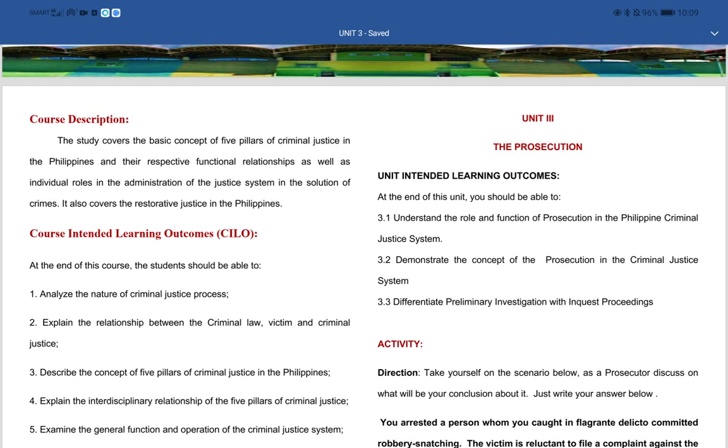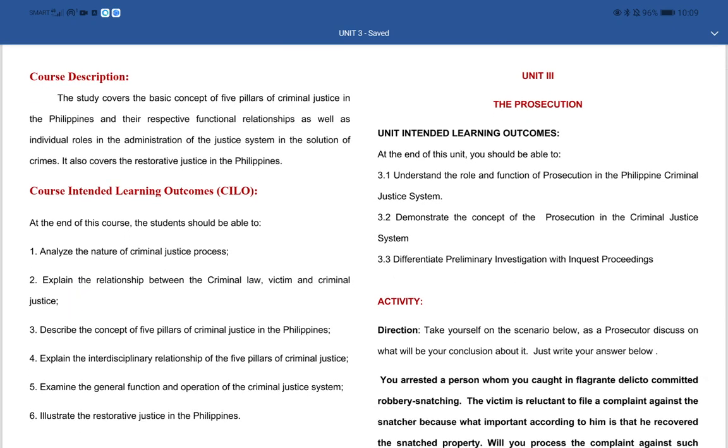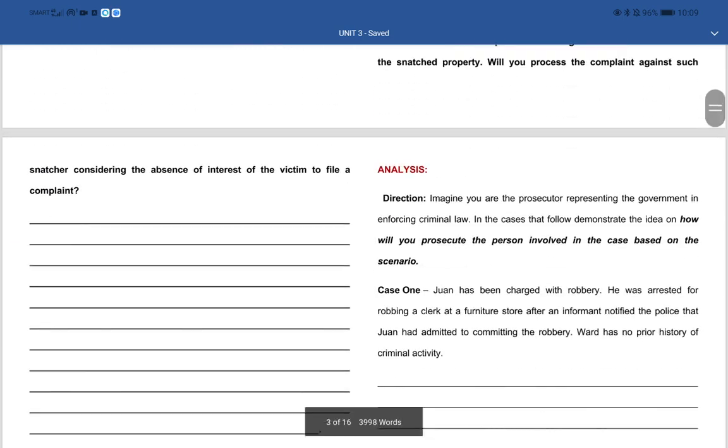As you can see, the ILOs are: first, to understand the role and function of prosecution in the Philippine criminal justice system; second, to demonstrate the concept of prosecution in the criminal justice system; and third, to differentiate preliminary investigation from inquest proceedings.